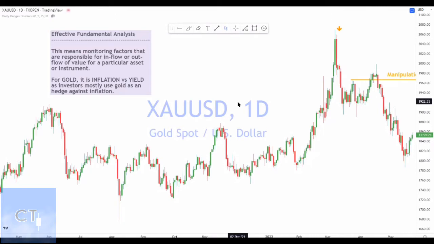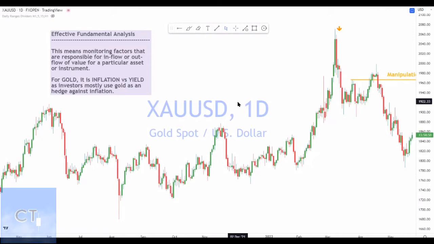Now, money will flow out of dollar into gold when we have inflation rising faster than yield. And money will flow out of gold into dollar when you have yield rising faster than inflation. All right. So if yield is rising faster than inflation, investors will want that yield, and then they will move money out of gold that does not produce any yield and put that money in the dollar.